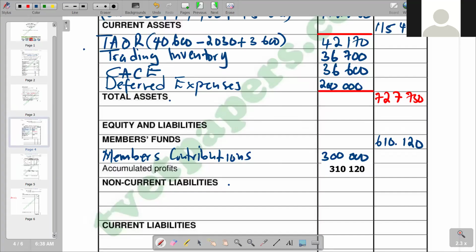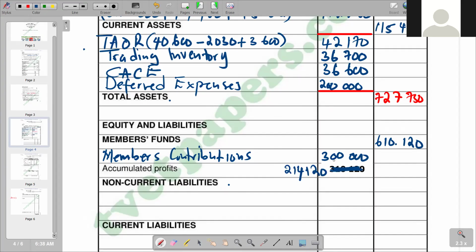Before we move on to non-current liabilities, we can correct our figure for accumulated profits. The pre-entered figure, we can just correct this figure. It's supposed to be 240,120.